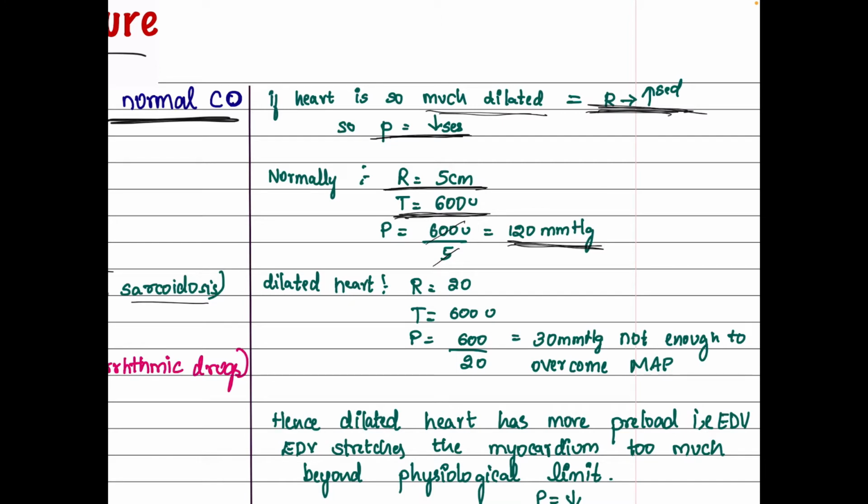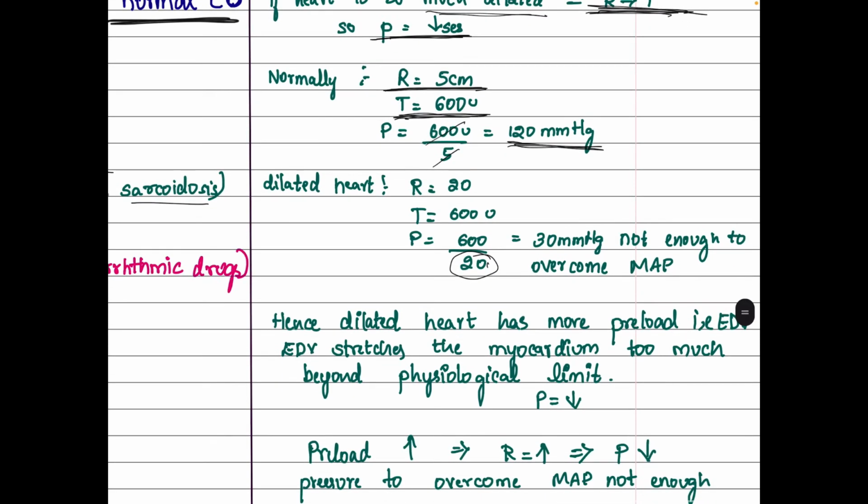When the heart dilates, it can dilate up to 20 cm for the same tension. When this happens, pressure decreases to 30 millimeters of mercury, which is not enough to overcome the mean arterial pressure, that is, systemic arterial resistance. Hence the dilated heart has more preload, that is, end diastolic volume will be more.